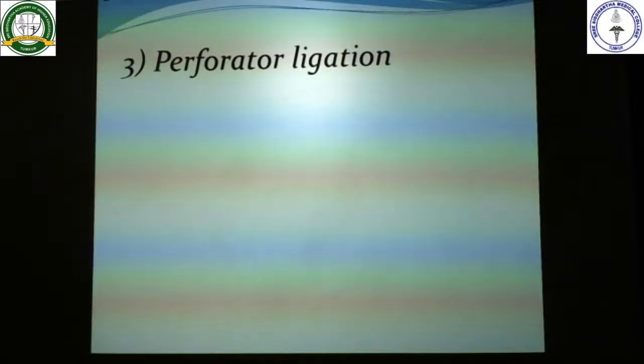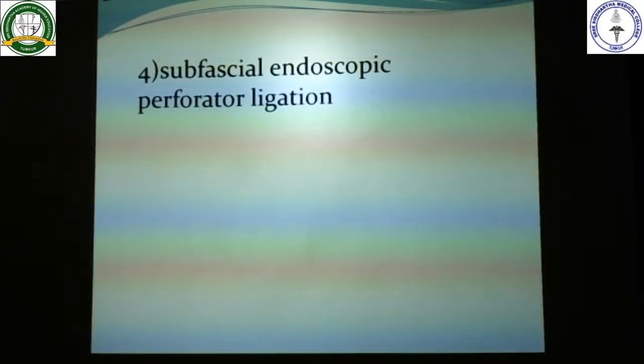Whenever, by doing reflux ultrasound, they show multiple perforators, you can ligate directly at the site of the perforators. It is called perforator ligation. And subfascial endoscopic perforator ligation. Before, in perforator ligation, you will ligate subcutaneously. Whereas in this surgery, it is subfascial, below the fascia.